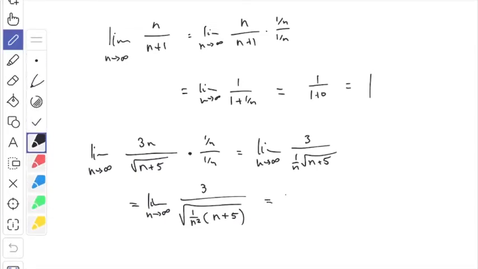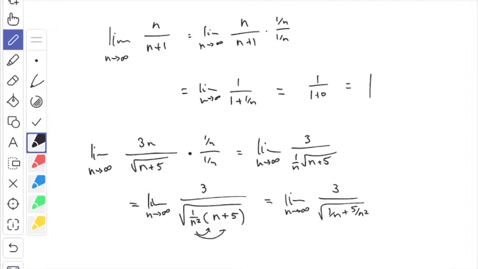And it's going to be 3 over the square root of, and then we are distributing here, right? 1 over n squared times n is 1 over n, plus 5 over n squared. All right. And now I take the limit.